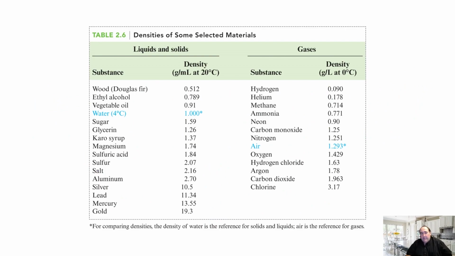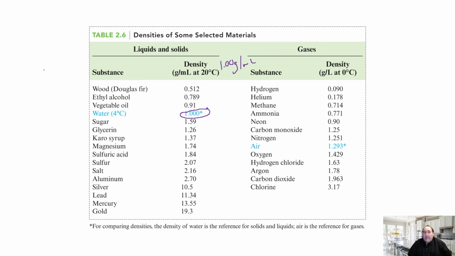Here is a table of densities, and water's highest density at 4 degrees Celsius is 1 gram per milliliter. So again, that is typically what we use for water. Again, it does change with temperature.